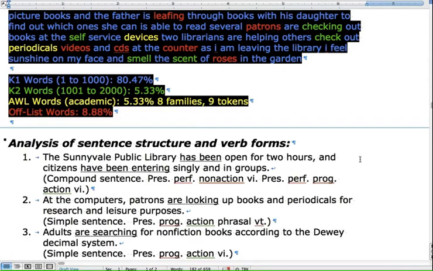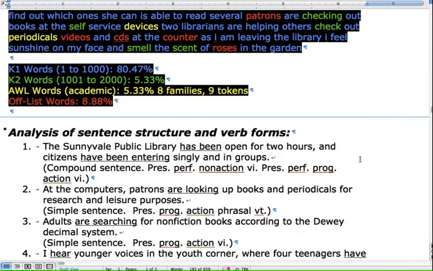I'm going to take the sentences one by one. The first sentence is, the Sunnyvale Public Library has been open for 2 hours, and citizens have been entering singly and in groups. This is a compound sentence, which means there's one independent clause with a subject, the library, and the verb phrase, or the predicate, has been open for 2 hours.